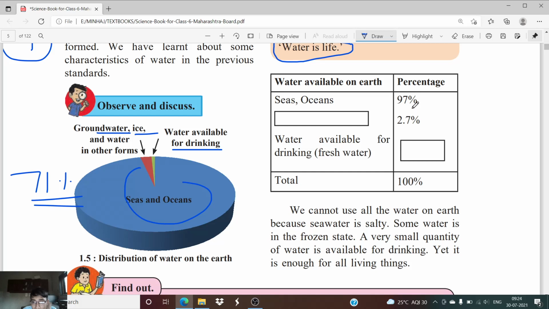So you can see 97% of water is in seas and oceans. Okay, and 2.7% water is in the form of groundwater or ice.